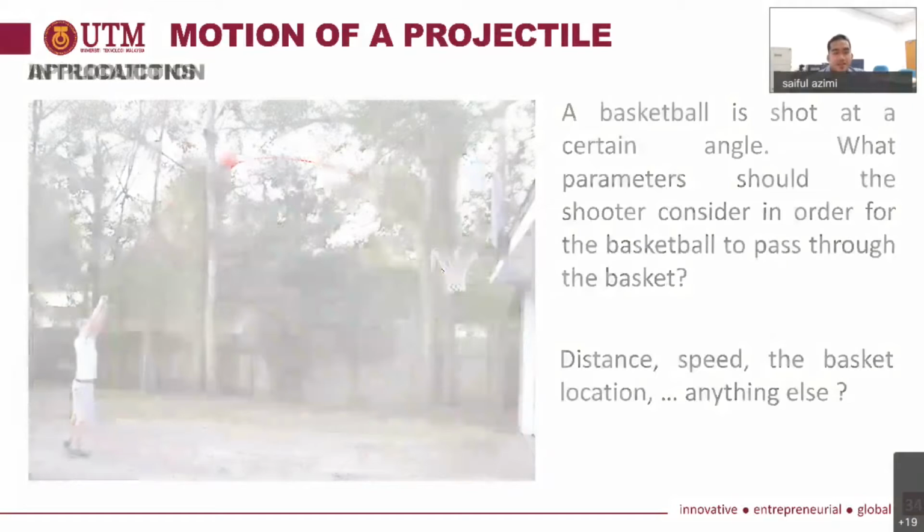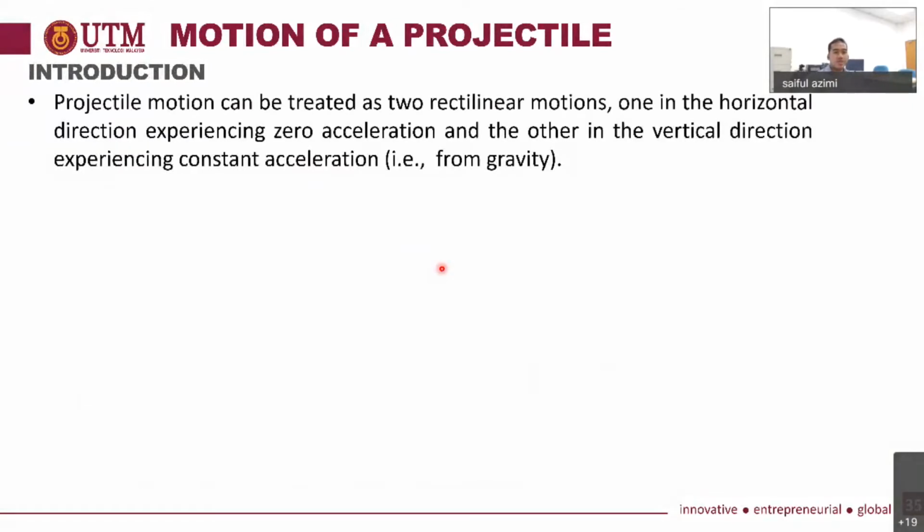All right. So projectile motion can be treated as two rectilinear motions, one in the horizontal and one in the vertical direction. So a projectile can be represented by using two straight line motions, which is rectilinear.